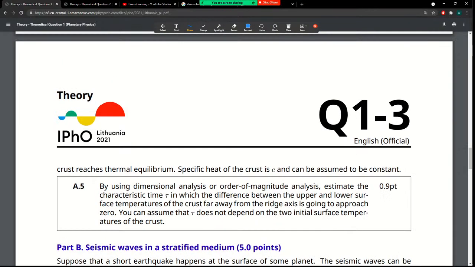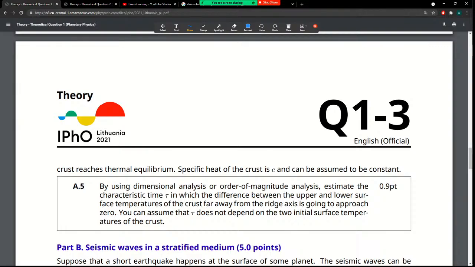By using dimensional analysis or order magnitude analysis, estimate the characteristic time in which difference between the upper and the lower surface temperature of the crust far from the ridge axis is going to approach zero. You can assume tau does not depend on the two initial surface temperature of the crust.